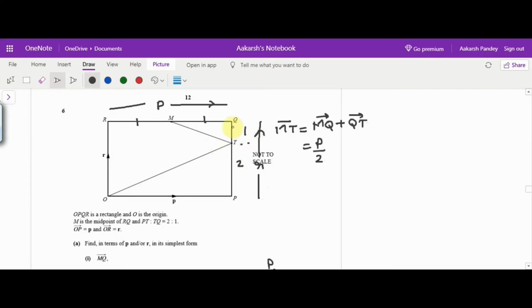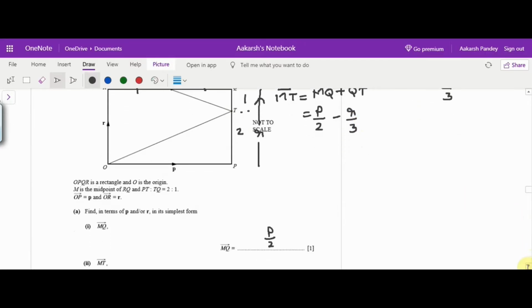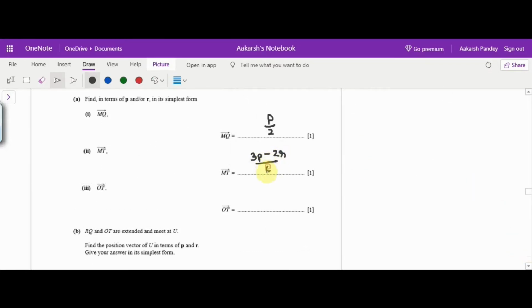So I can write that TQ is R by 3, because I'll divide this into three parts. One is this TQ part and the other is PT part. So TQ vector form is R by 3. Because I need QT, the direction is reversed, so it will be negative R by 3. So P by 2 minus R by 3, this is 3P minus 2R by 6.